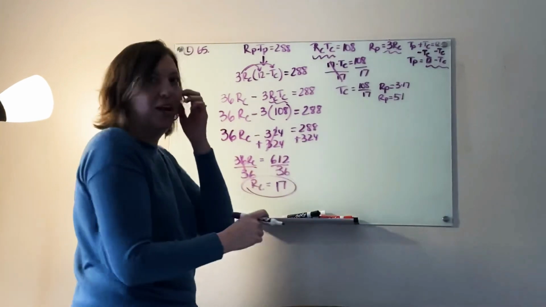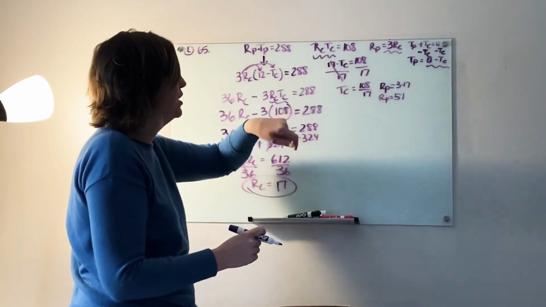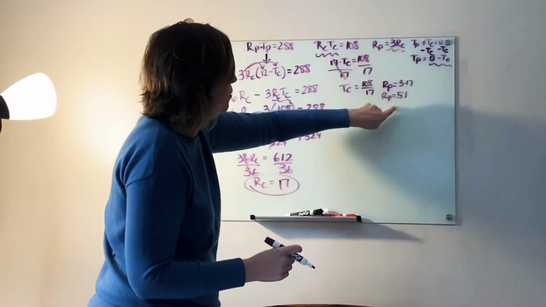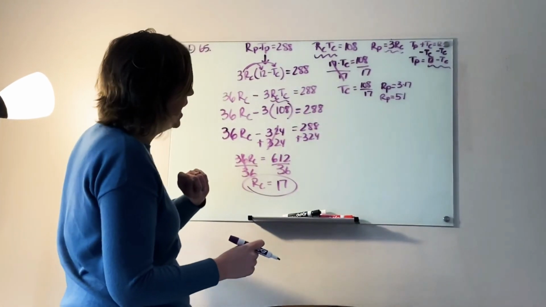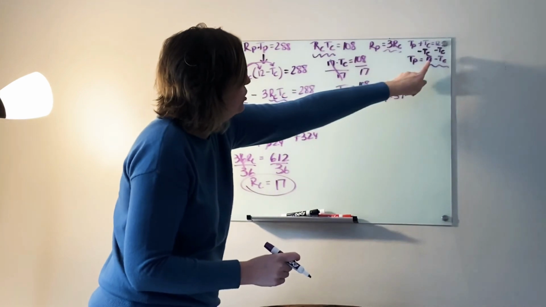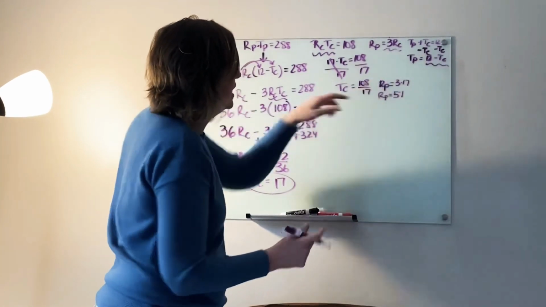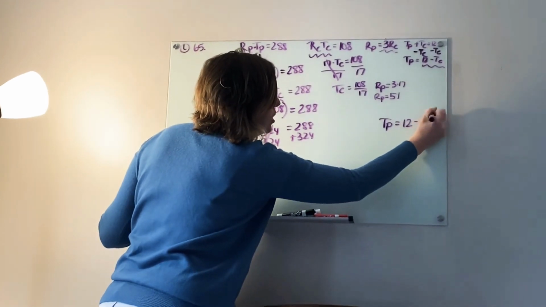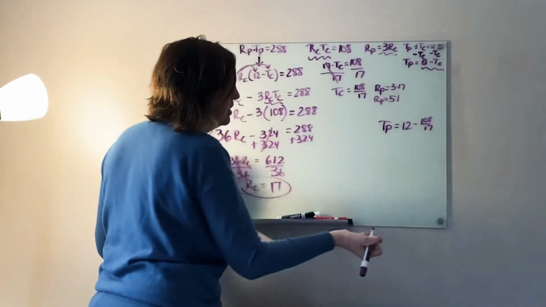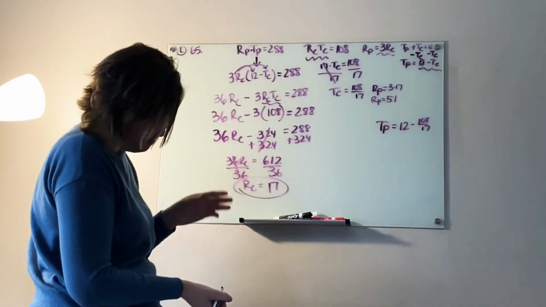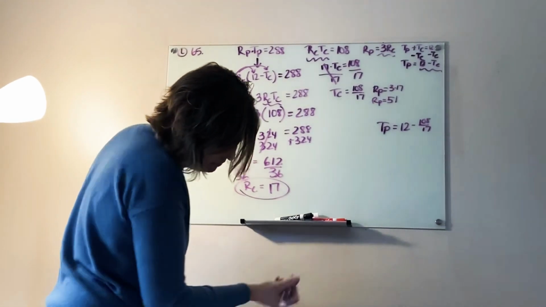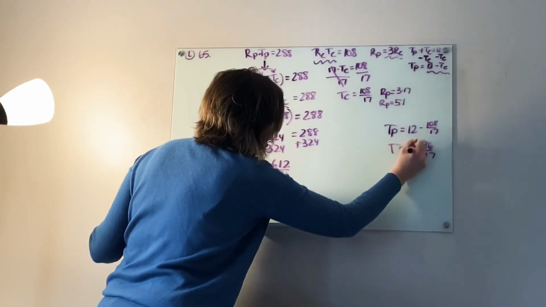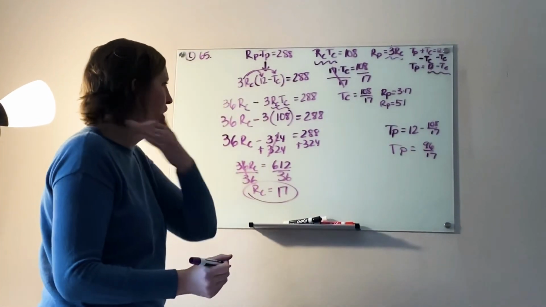And in a perfect world, it would have come out a much nicer whole number. Then I used RC here and got RP. So the last one I need is TP, which would just be 12 minus TC. So TP equals 12 minus 108 over 17. That's going to be another ugly fraction. So what is TP? It ends up being 96 over 17. Again, I don't have my calculator to plug that in, but you can do that at home.